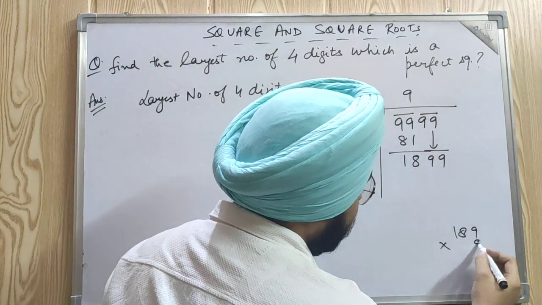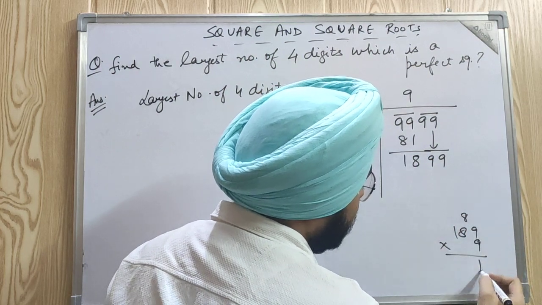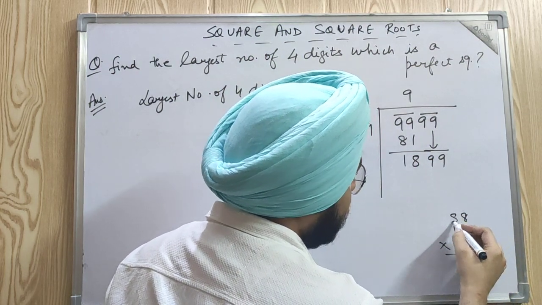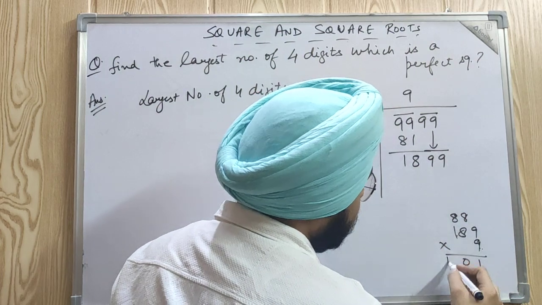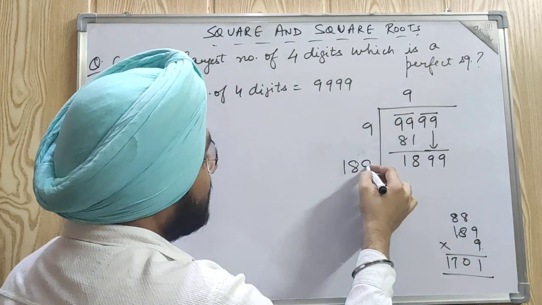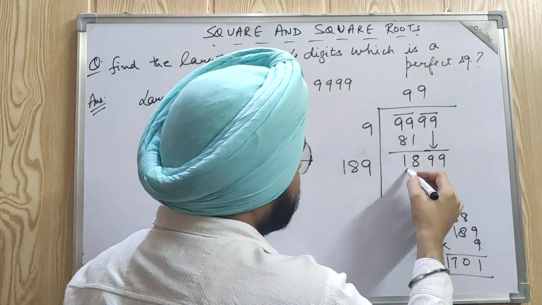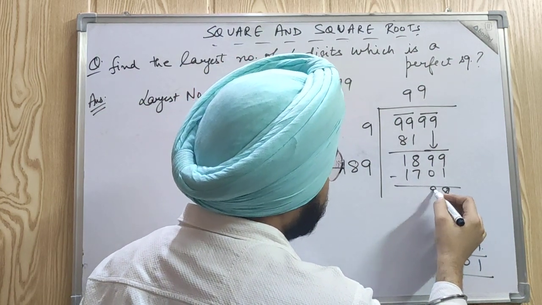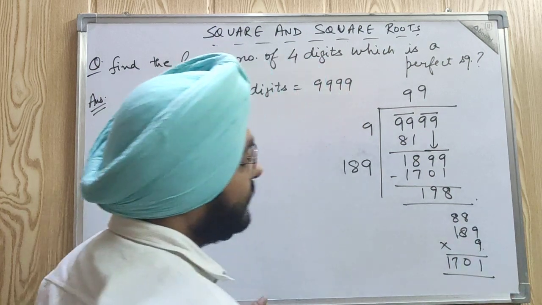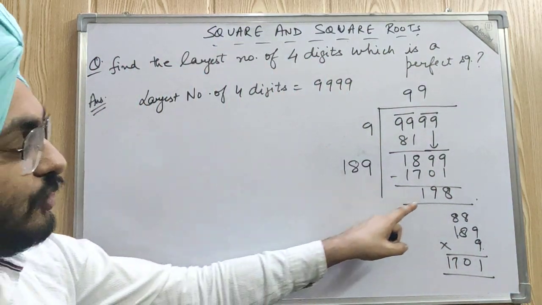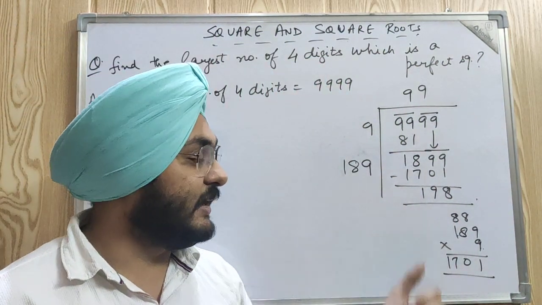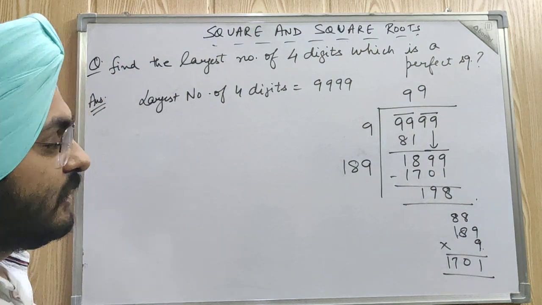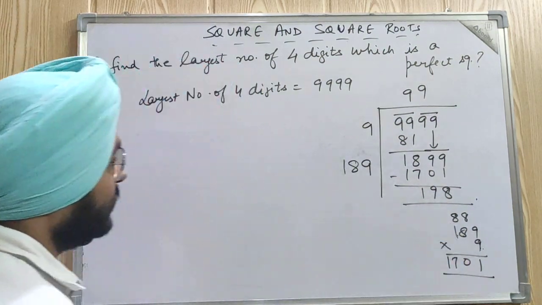So 189 into 9: 9 into 9 is 81, 9 into 8 is 72 plus 8 is 80, and 9 into 1 is 9 plus 8 is 17. So 189 into 9 is 1701. Subtracting, 9 minus 1 is 8, and 8 minus 7 is 1 only. So the remainder in this case will be 198.